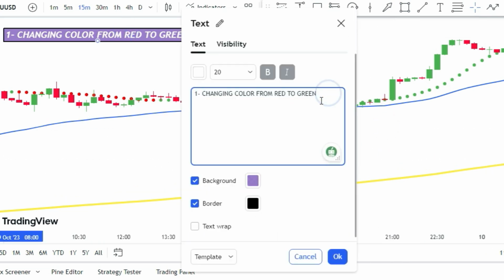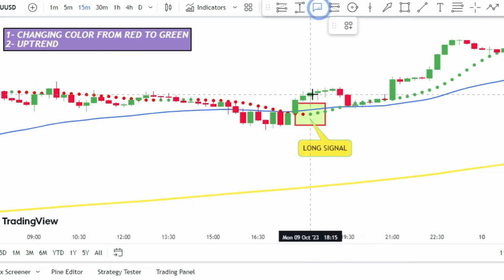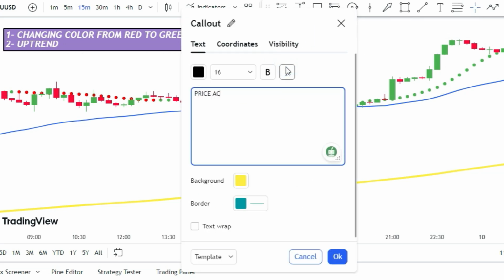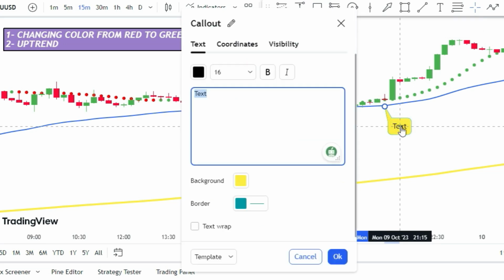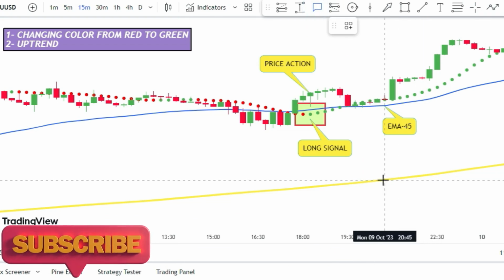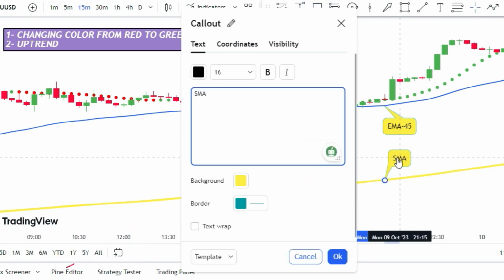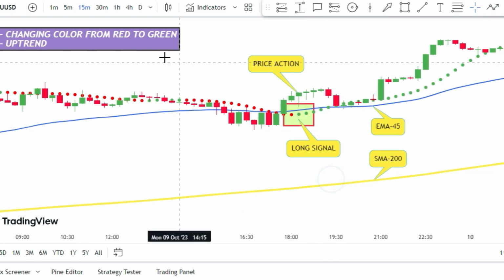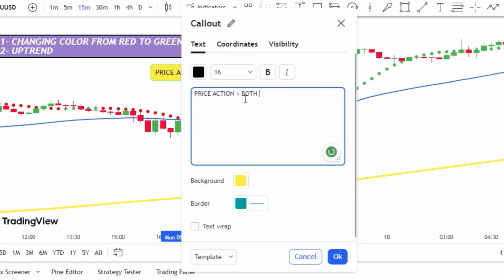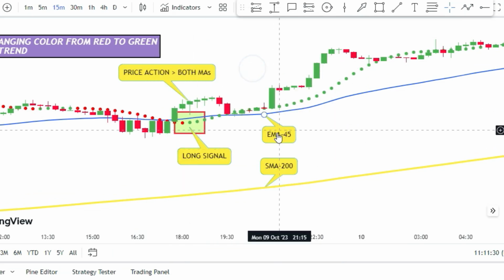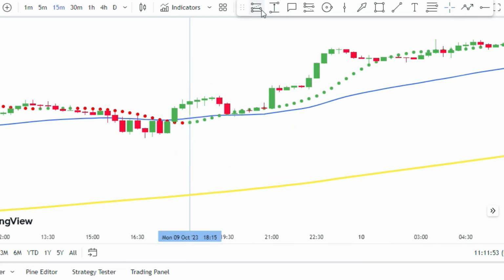After that, we need to make sure the market is showing signs of an upward trend. Once all these stars align, we're good to go and can jump into the trade.